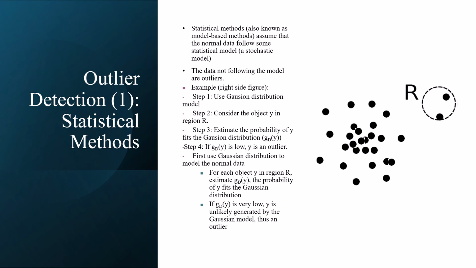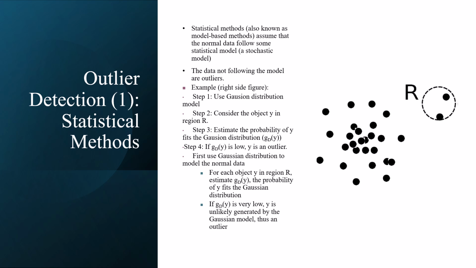We fit a Gaussian distribution where for a location x in the data space, the Gaussian distribution gives a probability density at x. Thus the Gaussian distribution can be used to model the normal data, that is, most of the data points in the data set. For each object y in region R, we can estimate the probability that this point fits the Gaussian distribution.